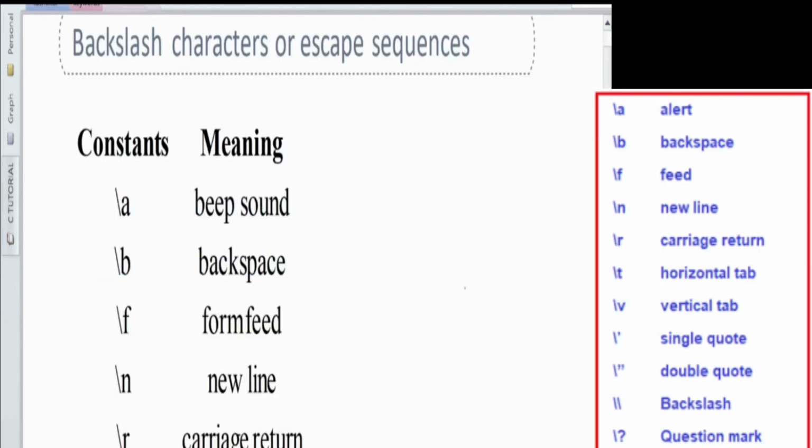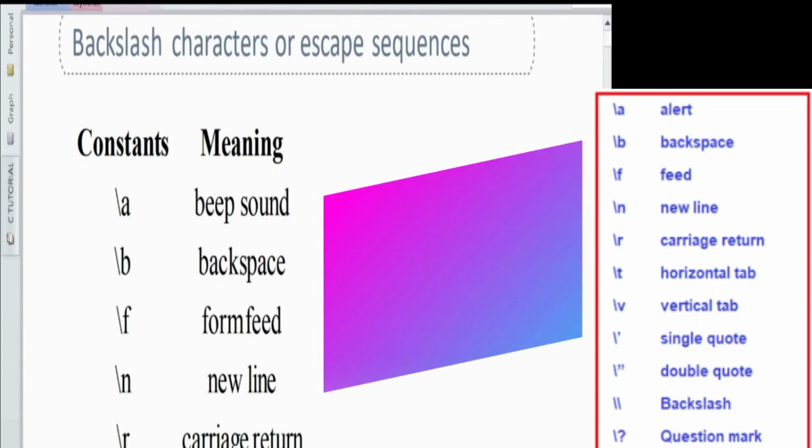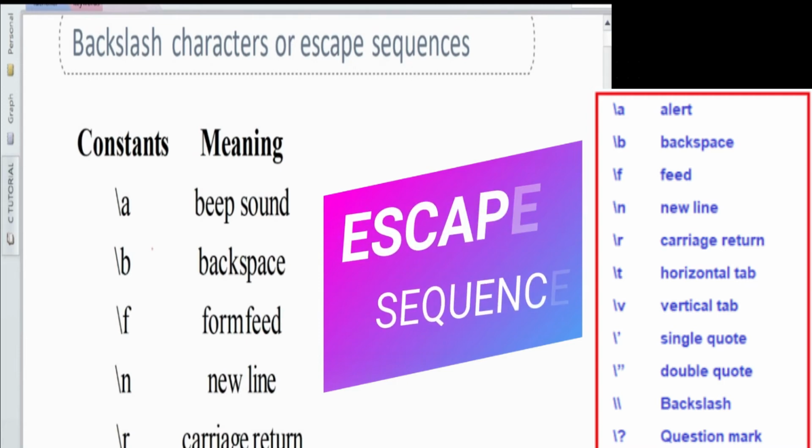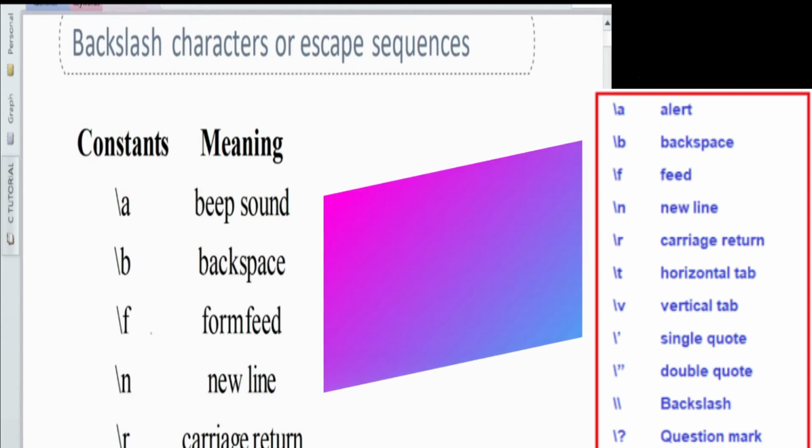Now the backslash characters, sometimes also known as escape sequences in C language. The escape sequence characters are preceded by a backslash. They have a special meaning in C language, like \a means beep sound, \b means backspace, \f means form feed, \n is new line, and \r is carriage return.